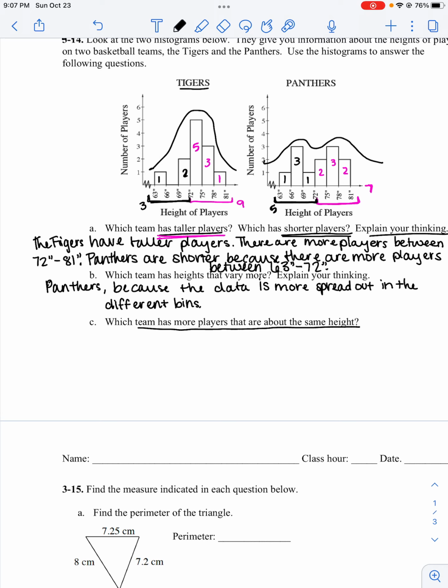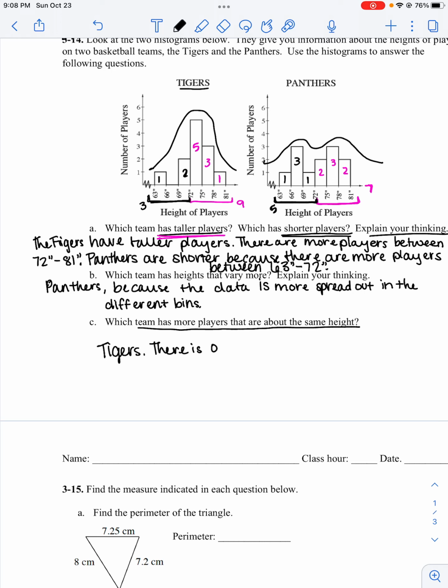Okay, part C, which team has more players that are about the same height? Well, that's the Tigers. Most players, it has one bin with the highest frequency.